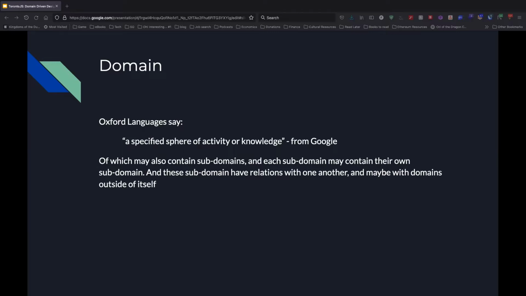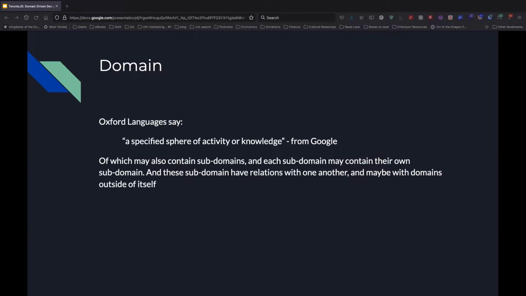And of course, because the name of the design is domain-driven design, the key point is to understand the domain, to understand the sphere of activity and knowledge that you are operating in. And who is more expert at the business domain than the business people or the domain experts?